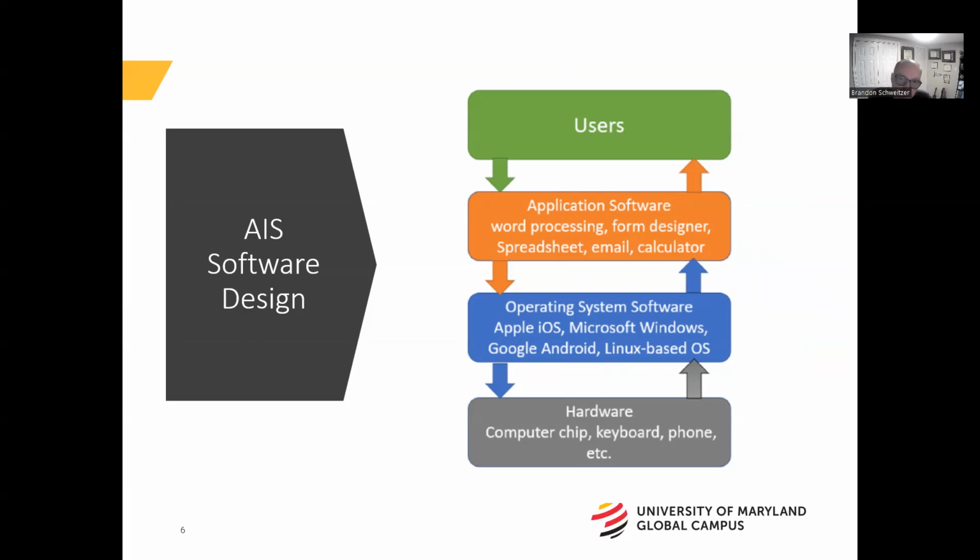The users design the way the information is displayed. So we start everything with the user in mind. The software might be something like word processing, form design, spreadsheets, emails, calculators, etc., which are all involved with accounting information systems.